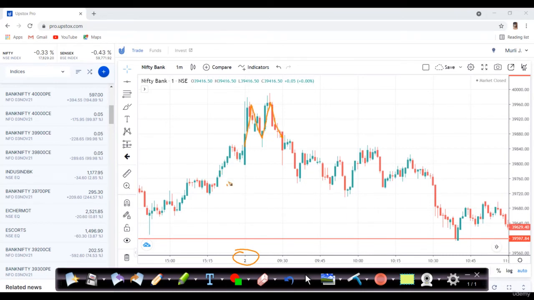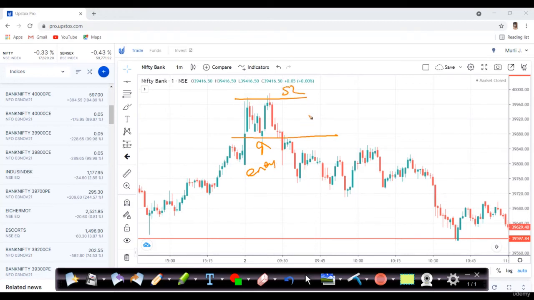It's not like the market moved from downside to upside. So where is my entry point? My entry point is at this zone, and my stop loss is above this one.